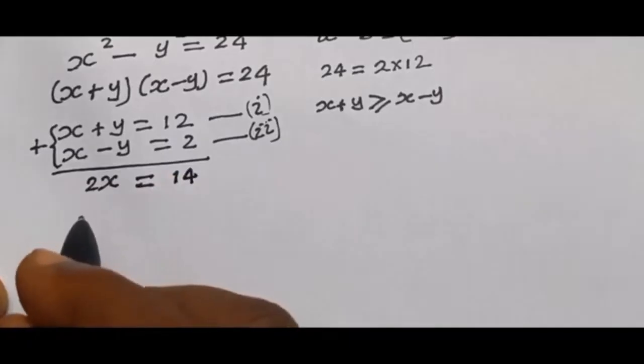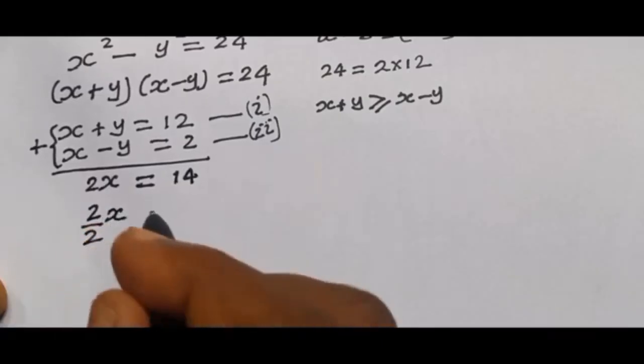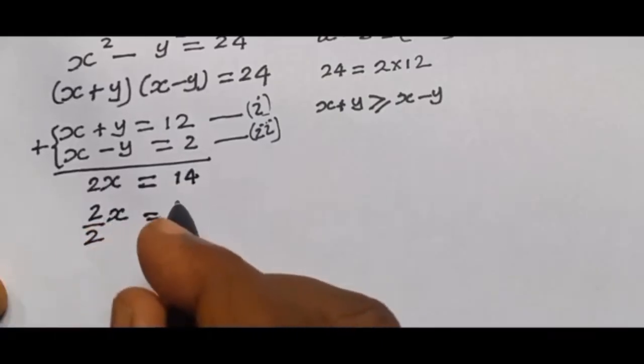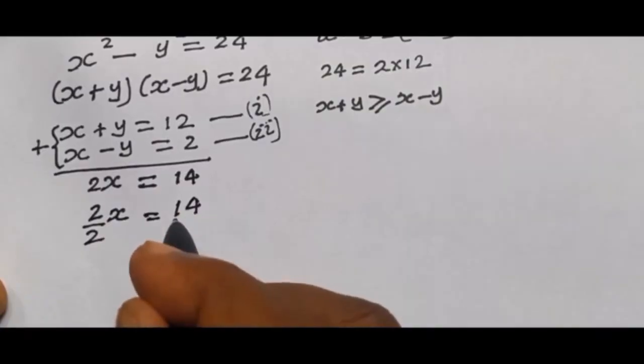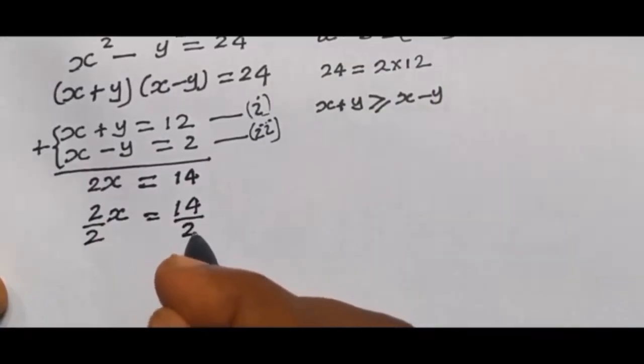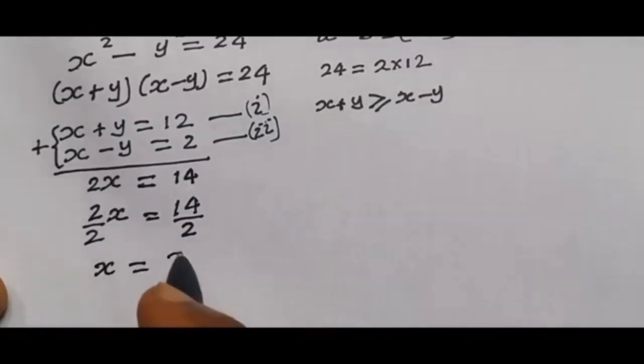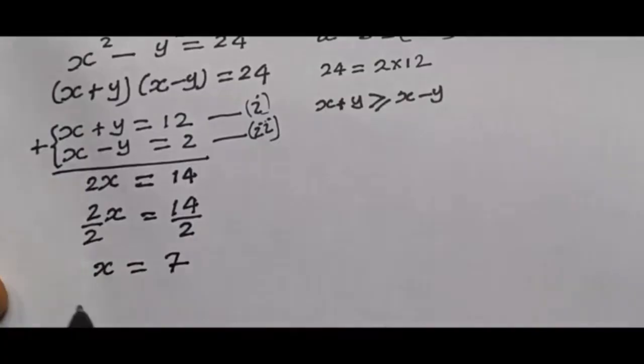Divide by 2 both sides in order to get the value of x. So we have 14 divided by 2. We get x equals 7.